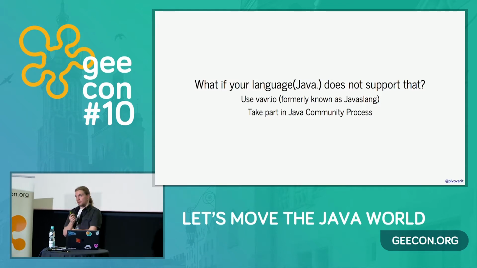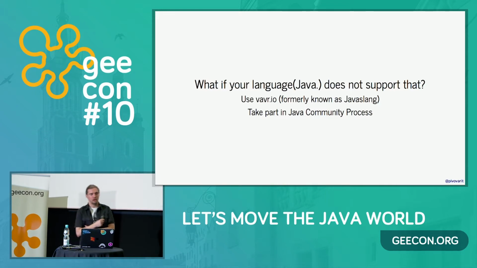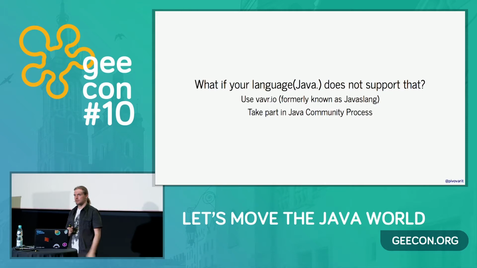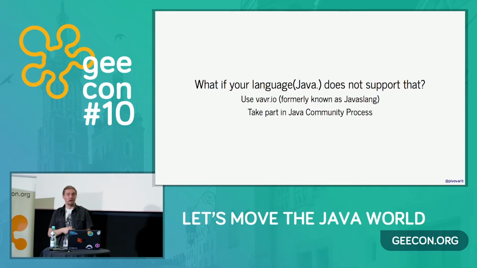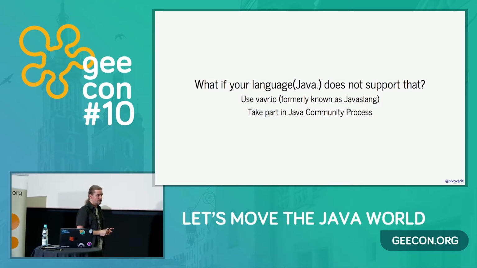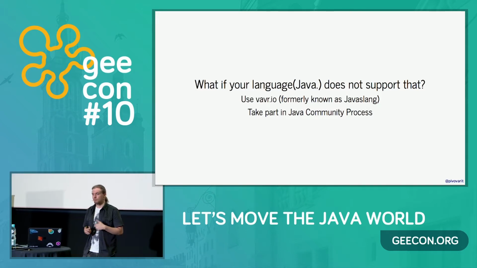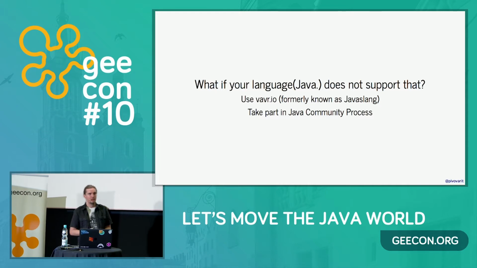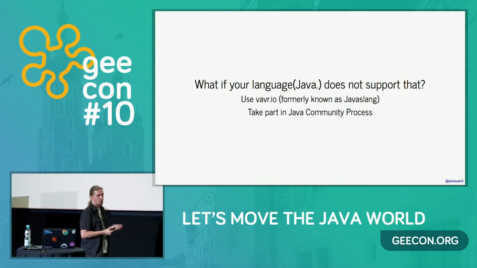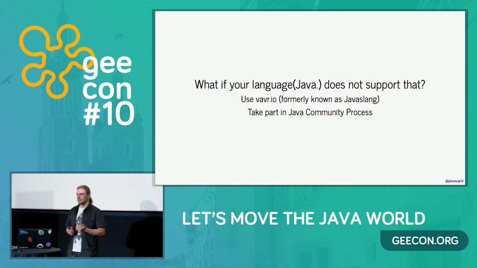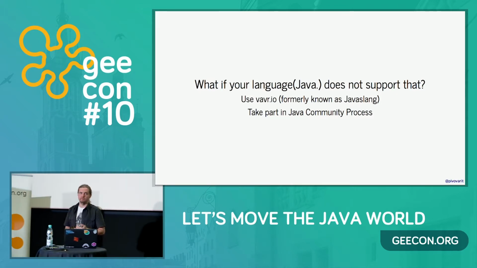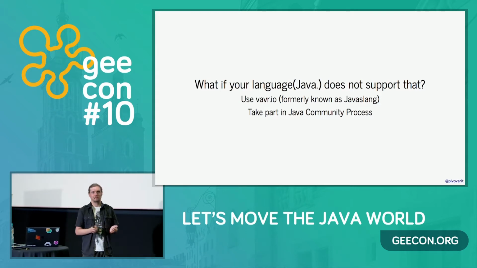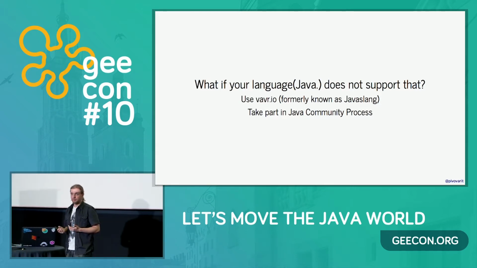Obviously, another way you can go is to try to become a part of the JCP, the Java Community Process. Because as you might not know, many ideas in Java, well, all ideas in Java are pushed through the community. So for example, the fact that we have Java Time is a result of the community being unhappy with java.util.Date and pushing to implement a new API that resembles Joda-Time.